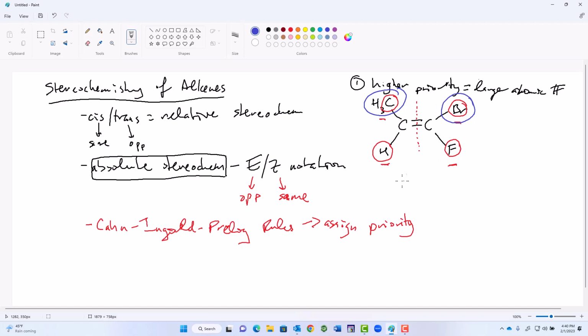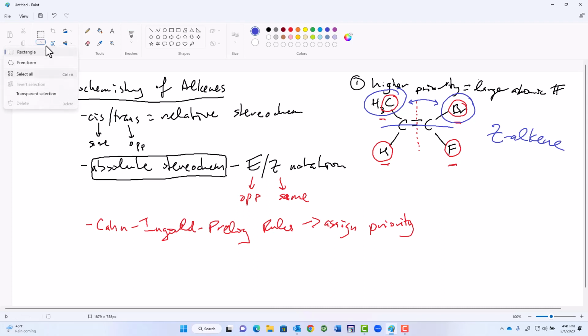Finally, to determine whether it's E or Z, we look at the relative position of these high priority groups to one another. In this case, they are on the same side of this double bond, so we would say that this is going to be a Z alkene because they are on the same side of the double bond. If they were on opposite sides of the double bond, we would say that it is an E alkene. So let's look at some more examples about determining priority and determining E or Z notation for double bonds.